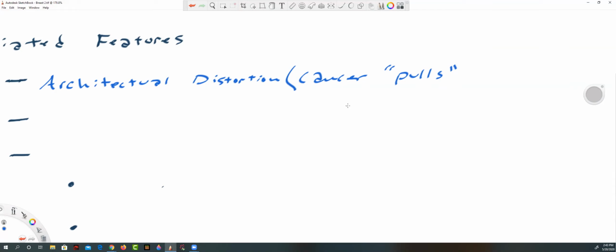It also, let's see, I'm going to do another. Here we'll do dash pulls dash. Oh gosh, what's the best way of saying it? It invades or crosses boundaries.